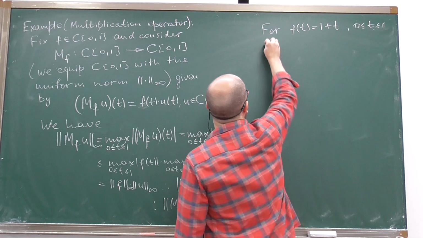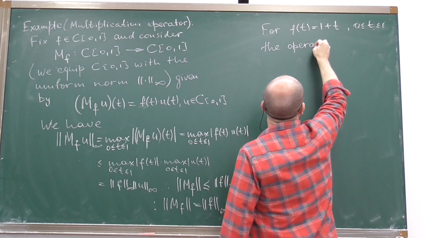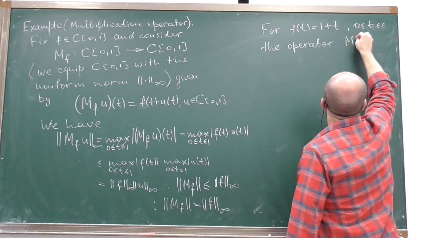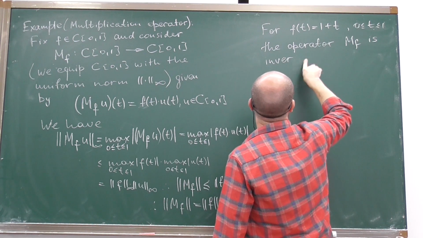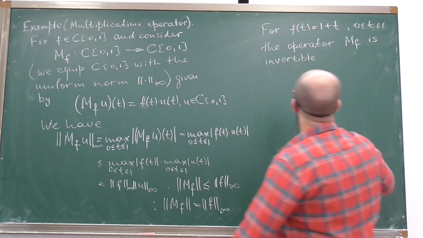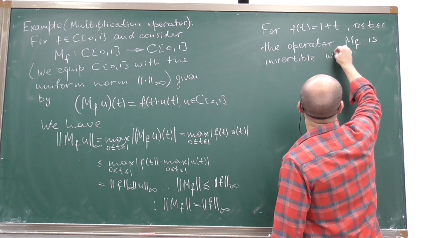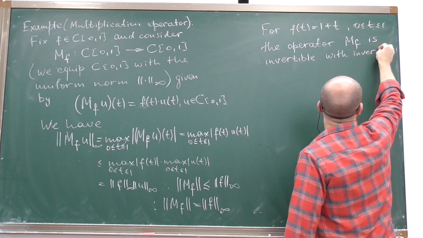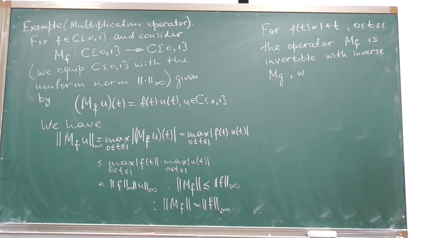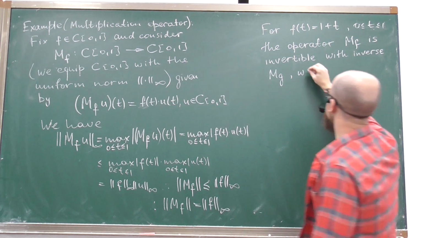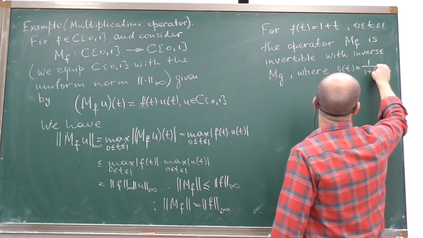So I say that M_f is invertible and its inverse is also a multiplication operator, a multiplication operator by the other function g, where this g is 1 over f.